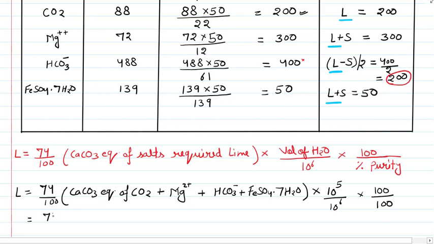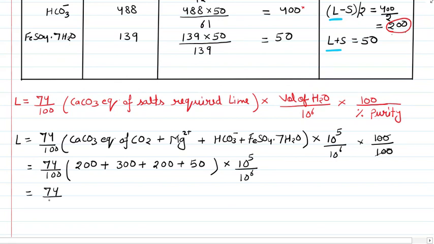By placing all the values, we have 74 upon 100. The amount of CO2 is 200, then Mg2+ is 300, HCO3 minus is 200, and FeSO4 is 50. So first one is 200 for CO2 plus 300 for Mg2+ plus 200 for HCO3 negative and 50 for FeSO4, multiplied by 10 raised to the power 5 divided by 10 raised to the power 6. Here we can cancel all these 200s.